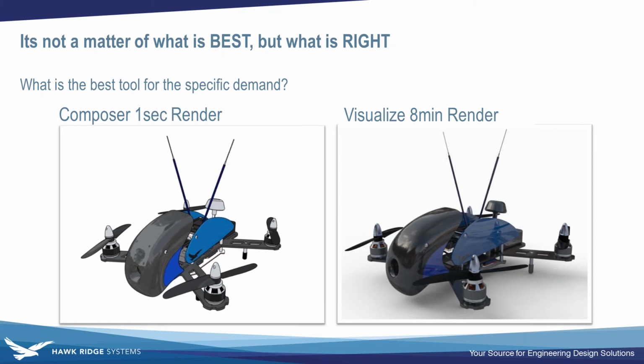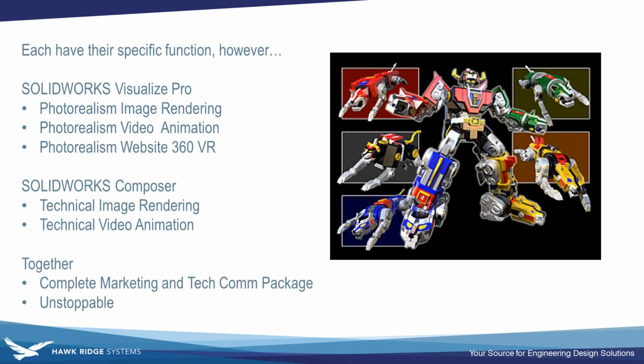Utilizing those tools, we can create some pretty robust marketing content. Also, the rendering out of Composer is super fast. It takes about a second per image, and so there's no long waiting. It's not a ray tracing rendering image, so we can push these images out super fast from that software. Now we go into Visualize. Visualize is designed for marketing. It is designed to create photorealistic renderings in a short amount of time, but each one of those renderings is not going to take a second to render out. This one right here is an 8-minute render. That was just on my laptop, took 8 minutes.